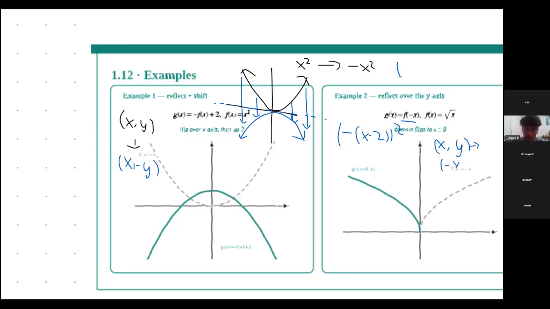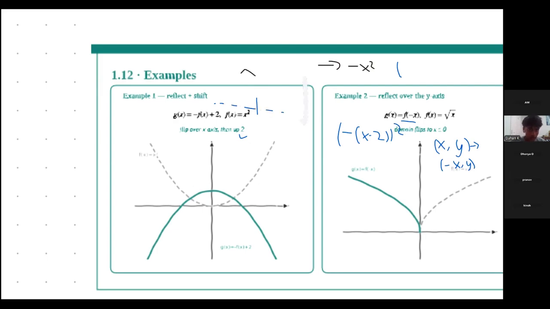Okay, now let's actually look at the graphs. So negative f of x plus 2. And f of x equals x squared, right? Now, let me erase this extra stuff. Okay, f of x equals x squared. So now let's plug in x squared for where f of x is. Since it's negative f of x plus 2, this becomes negative x squared plus 2.